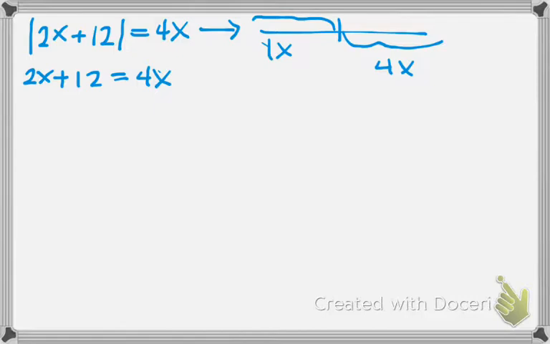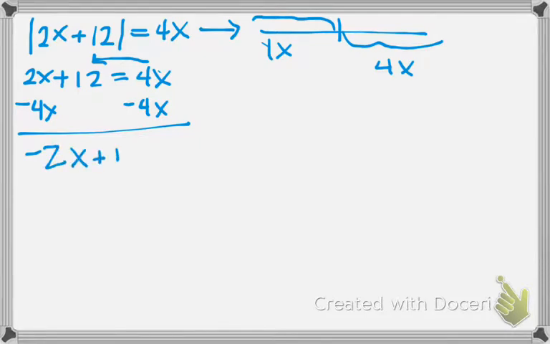To begin, we want to combine all of our x's. I want to move this to this side. To do that, I have to undo it. Undoing a positive is subtracting it. So I'm going to subtract 4x from both sides, and that gives me negative 2x plus 12 equals 0.